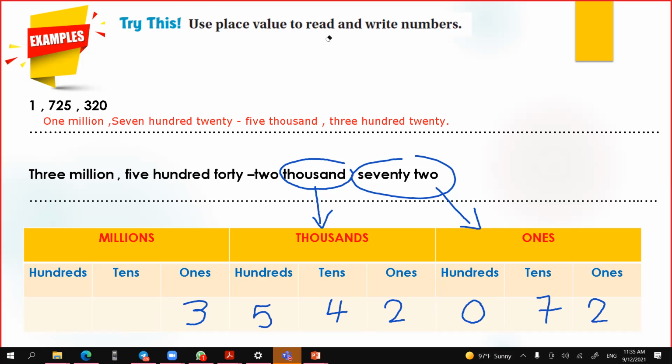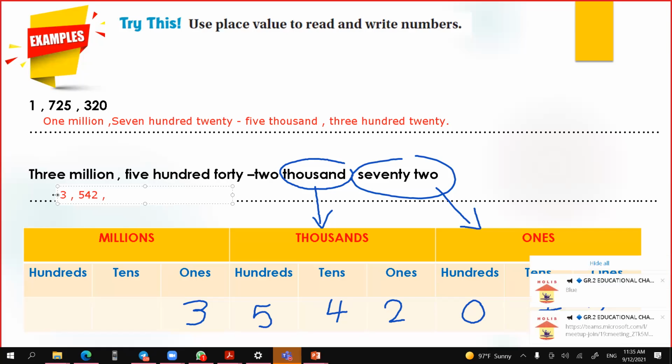So this is now a way how can I convert this number in a word form to a number form. So the number comes like 3,542,072. Got it?